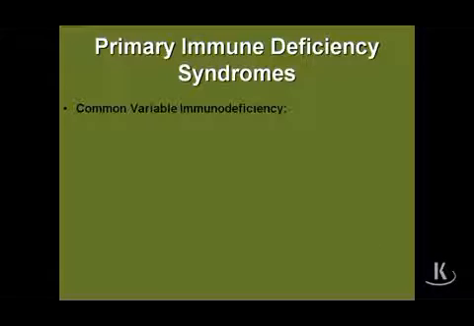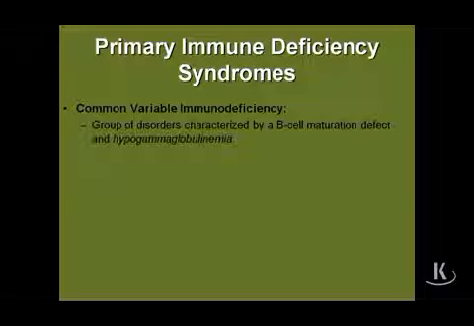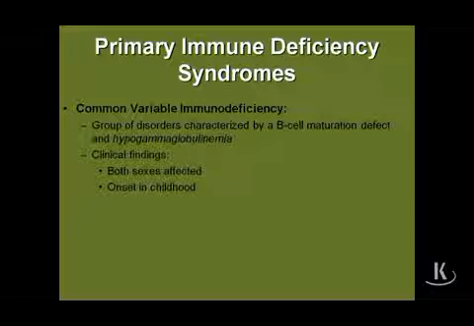Another B cell condition is called common variable immunodeficiency. This is a group of disorders that can affect either the T4 helper cells that help modulate B cell maturation, as well as B cells themselves, and can lead to hypogammaglobulinemia as well. And the clinical findings: both sexes could be affected, early onset, obviously childhood, and recurrent bacterial infections.